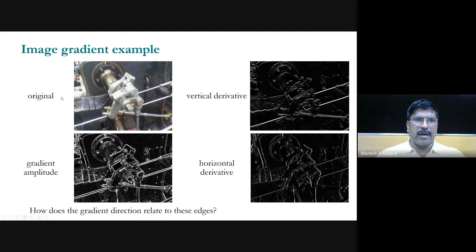After taking a vertical derivative, as I said, you will get maximum information about the horizontal edges, and with the horizontal derivative you'll get the vertical kind of edges. Now this is the vertical derivative, and this is the horizontal derivative. You got this Sx and this Sy.